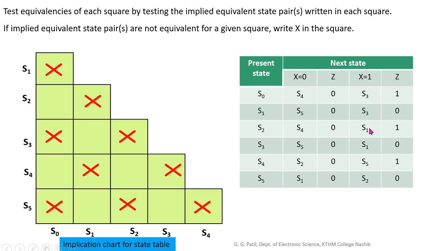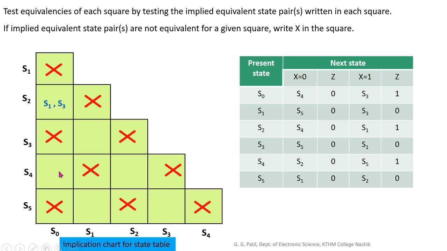So we'll have to place this implied state pair S1 S3 in the square S0 S2. So let's do it, S1 S3. Okay, these states S1 and S3 are called the implied state pair by which the states S0 and S2 may be equivalent.